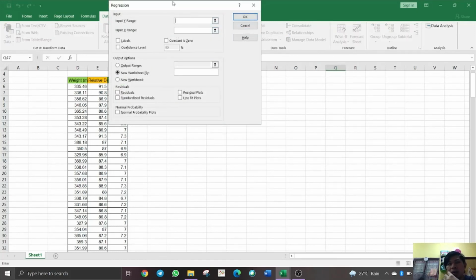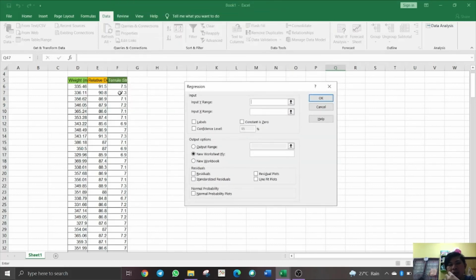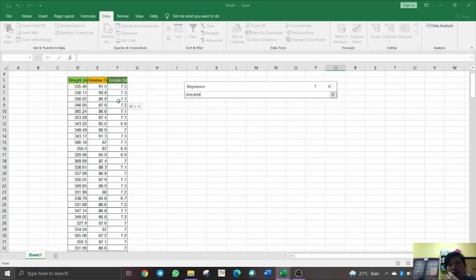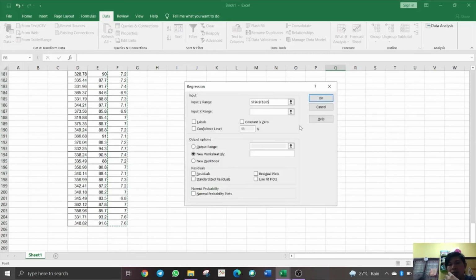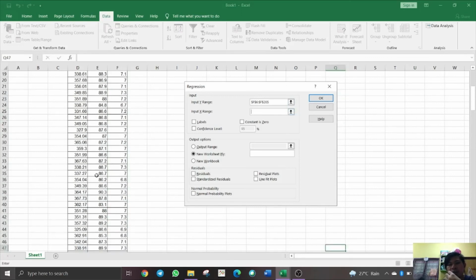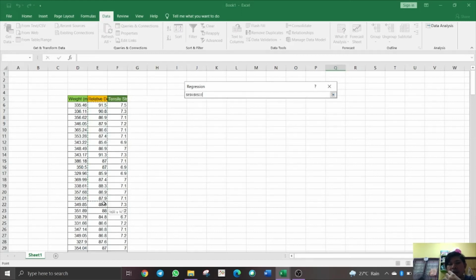So for the Y range, select the tensile strength data from the beginning to the end. Alright, for the input X range, select the relative data from the beginning to the end.